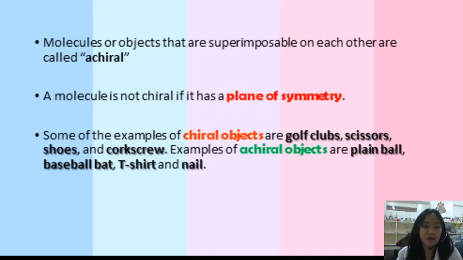So again, kapag ang iyong molecule has a plane of symmetry, then that means that molecule is not chiral. Some examples of chiral objects are golf clubs, scissors, shoes, and corkscrew. Examples naman ng achiral objects, you have a plain ball, baseball bat, t-shirt, and nail.